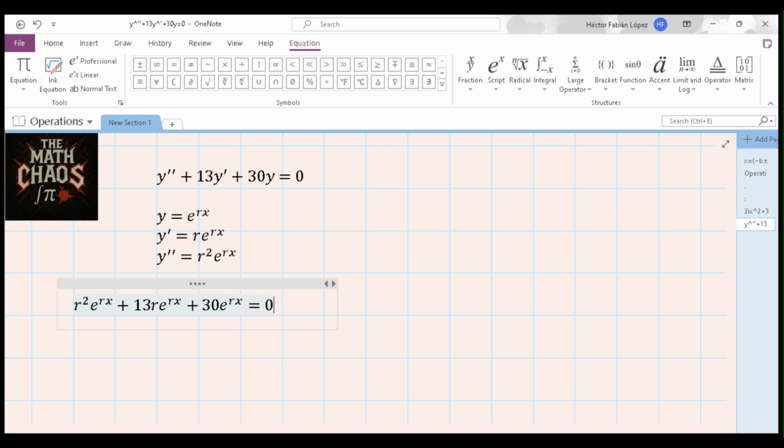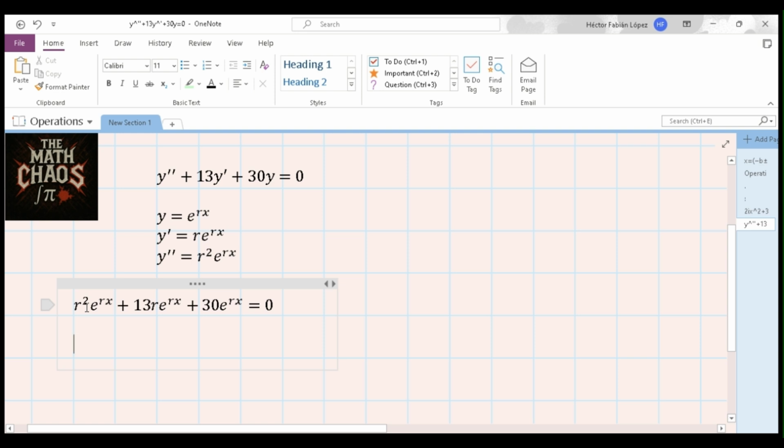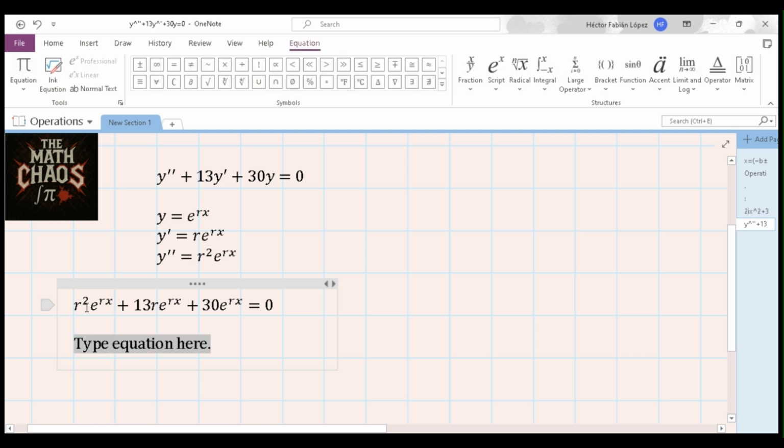Okay, excellent. As you can see here, we can factorize e to the rx times r to the second power plus 13r plus 30 equal to 0.